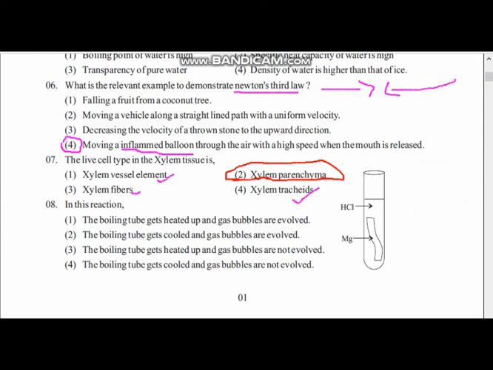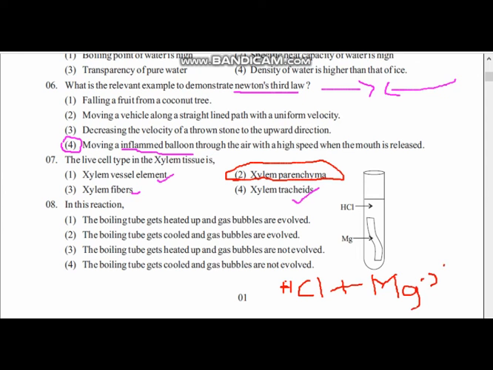Eighth one. In this reaction, the boiling tube gets heated up and gas bubbles are evolved. If you take the reaction HCl plus Mg. Now here magnesium is more reactive than hydrogen.